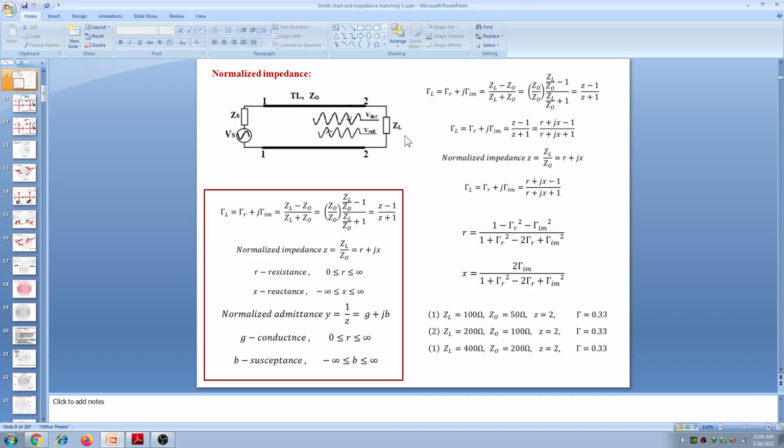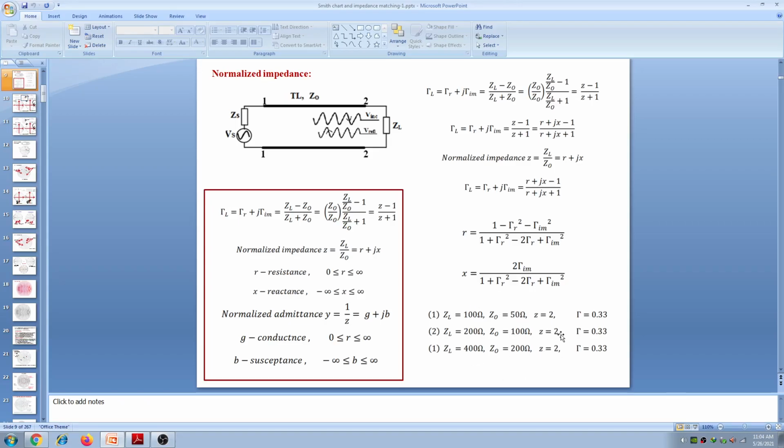So for any combination of ZL and Z0, if the normalized impedance is the same, the reflection coefficient is the same. So we have to consider the normalized impedance instead of this combination.